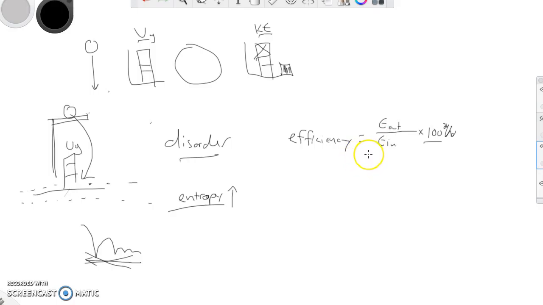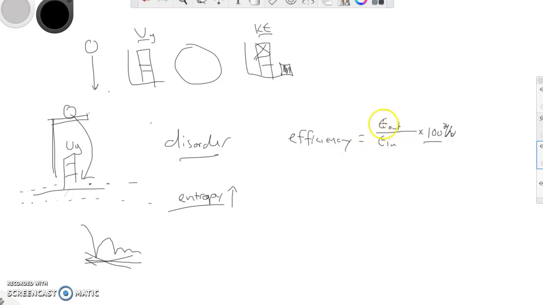Okay? But the second law tells us that's impossible, because for energy to transfer, for something to happen, the entropy of the universe has to increase, which means that energy out has to be less than energy in, meaning that energy is gone to, say, thermal energy. Okay?